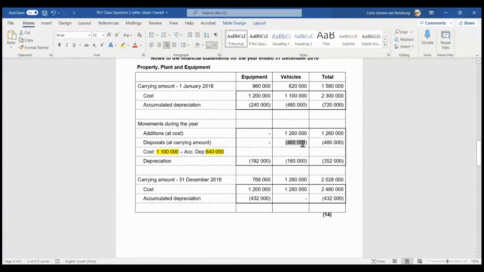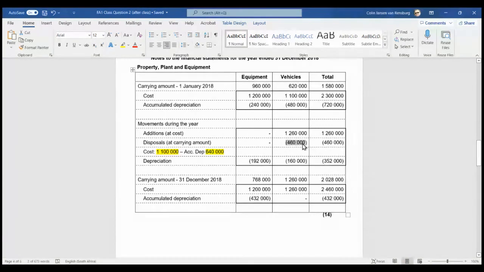This one is a combination of two legs of that third journal entry, ladies and gentlemen. Remember there, we credited the cost of the account was 1.1 million and we debited the accumulated depreciation with 640,000. So that means that the carrying amount of the item that we have disposed of is 460,000 negative.